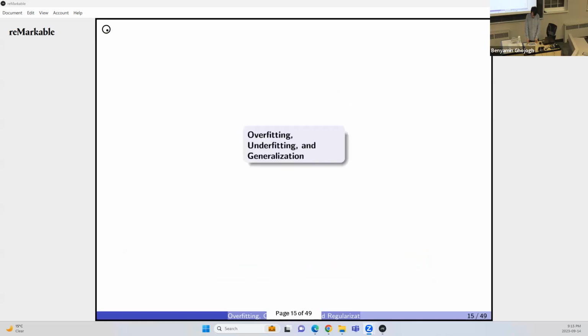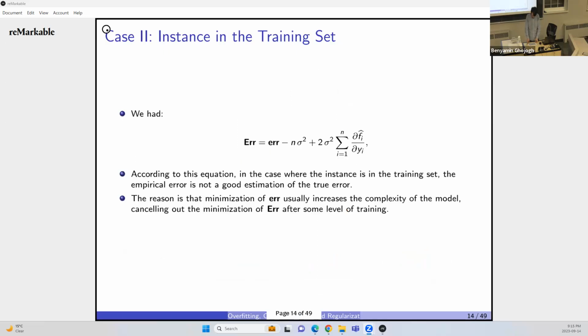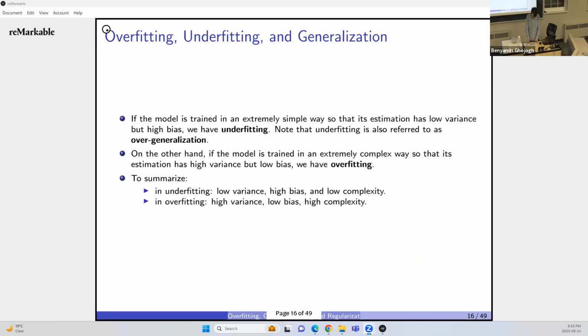So now we saw that. I'm going to use that to explain overfitting. But first, let me tell you underfitting and overfitting. If the model is trained in an extremely simple way, the opposite of complex, we have underfitting. Okay.